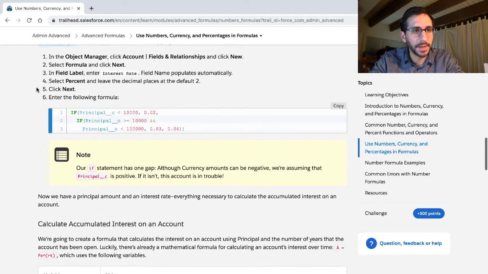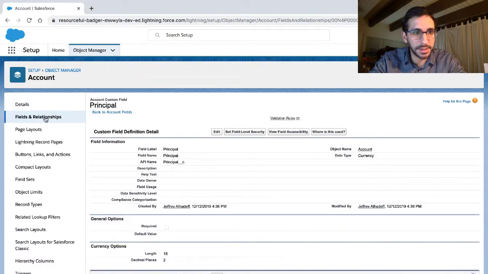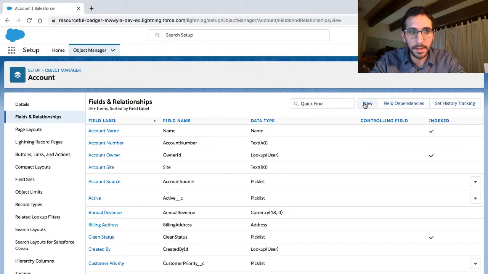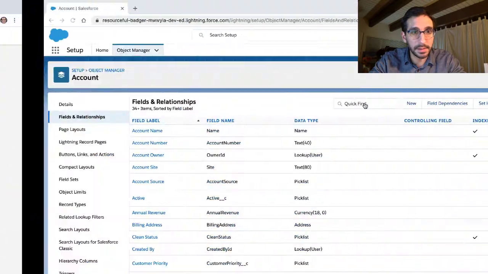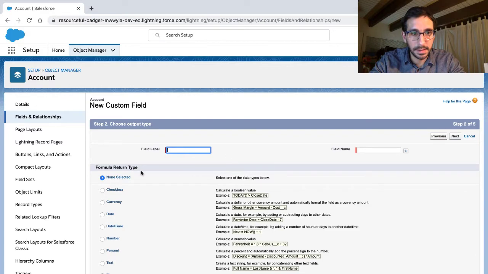Okay. In the Object Manager, click the Account, Fields and Relationships, click New, click Formula, Next. In Field Label, enter interest rate. Okay, here we go. We got this. Fields and Relationships. This is on the Account object. Click New, click Formula, click Next.